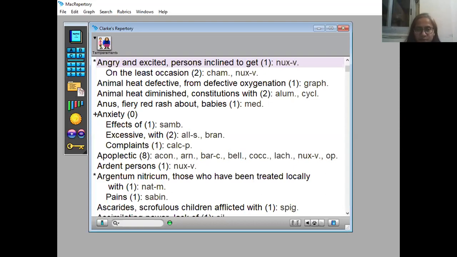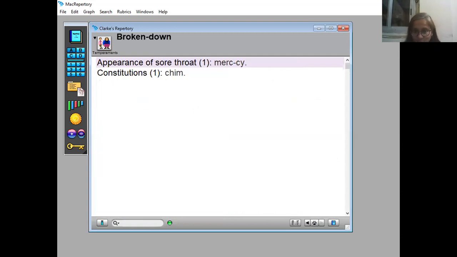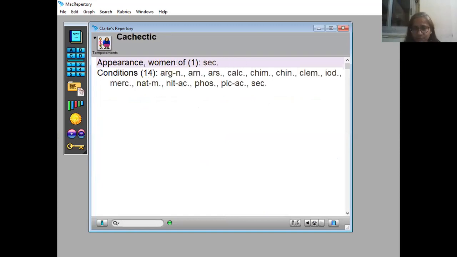So look at the rubrics. Angry and excited persons inclined to get. So people who are inclined to be angry or excited, you can use this rubric. Then broken down appearance of sore throat, Mercurius cyanatus, where the throat looks very bad, looks broken down.